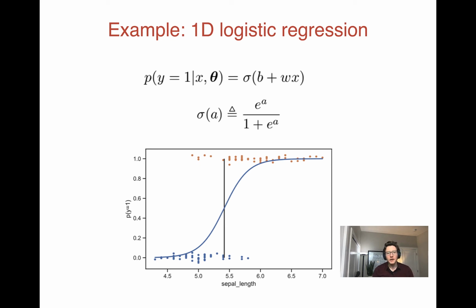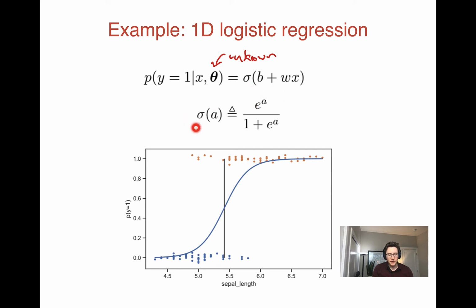So our model is, again, we're going to imagine that there's some distribution for what the label is. In this case, y can either be 0 or 1, two different types of iris flower, and we're given, for a specific example, x, and the unknown value of theta, and we imagine that this distribution is a logistic function with input b plus wx.